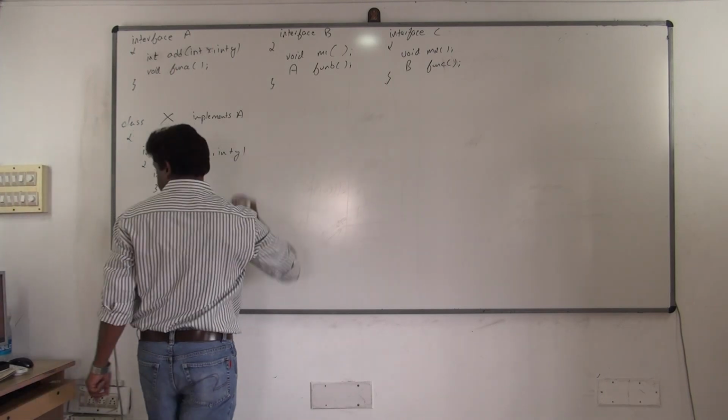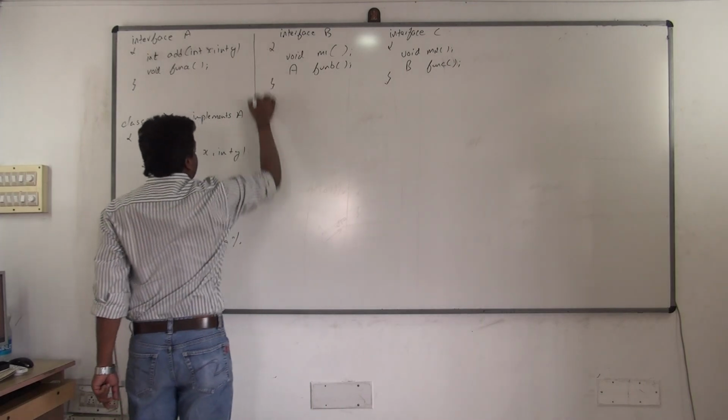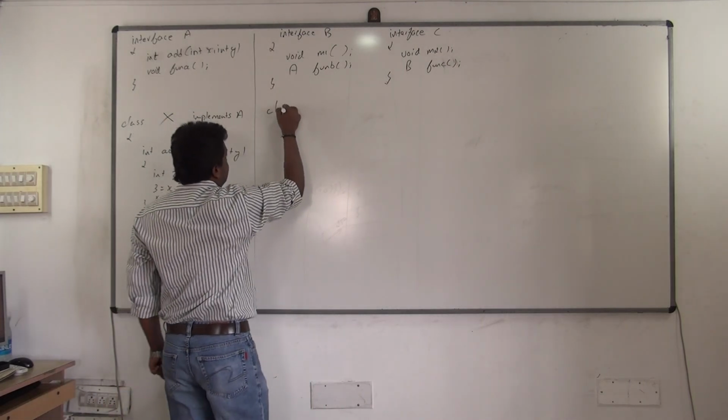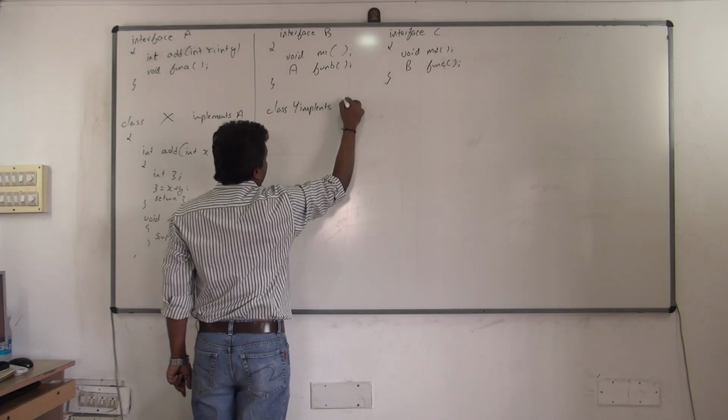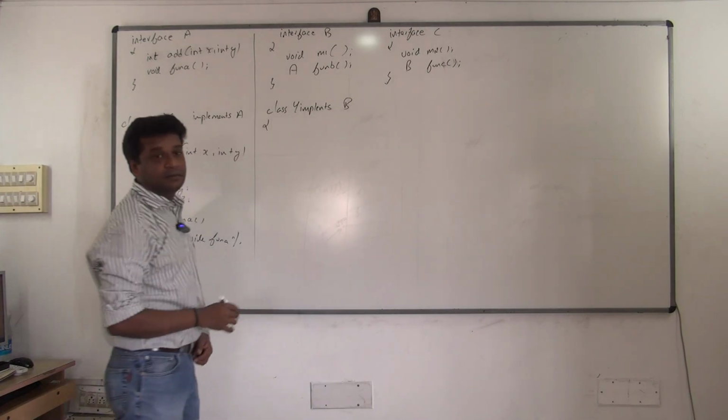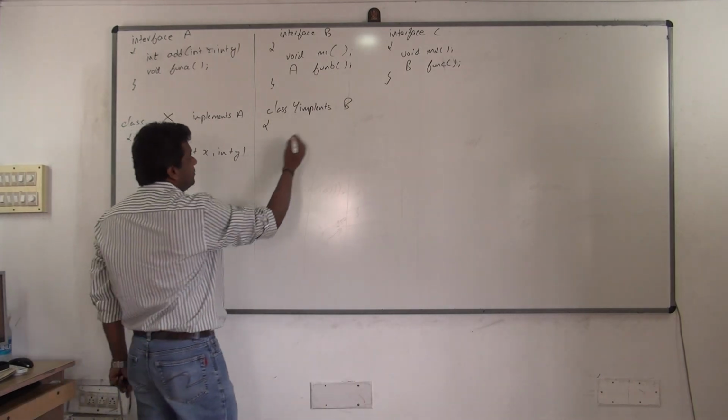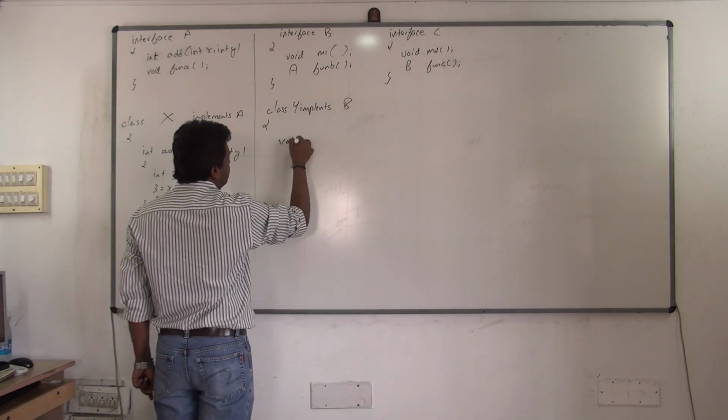Now see the next one. This implementation is over. Next, class Y implements B. Class Y is implementing it, so you have to override again here also.